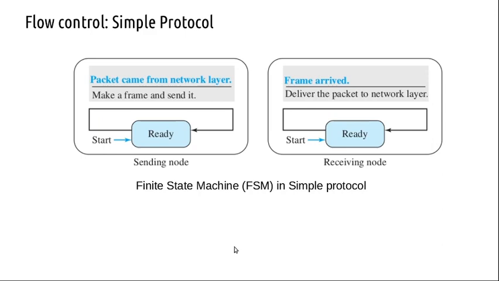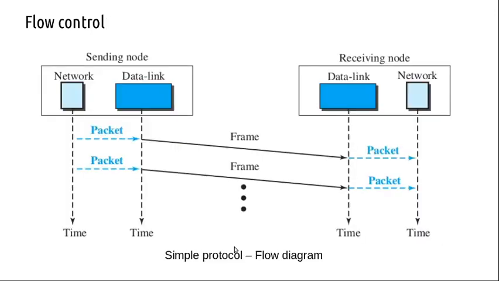Right. So we had stopped at this point, flow control. We had explained something more also. Simple protocol we saw. So we are discussing data link layer functions, and we saw flow control, and the simple protocol where there is no flow control or error control.